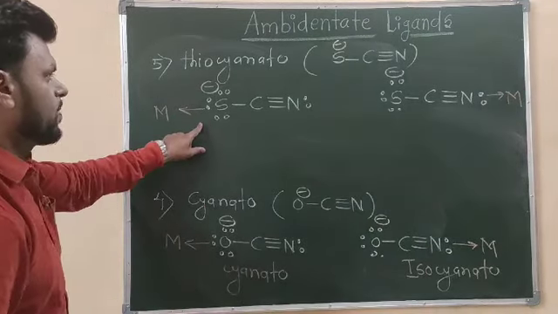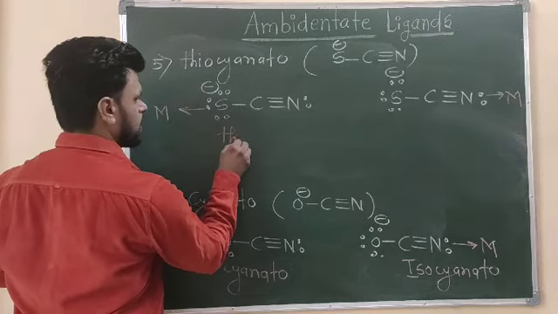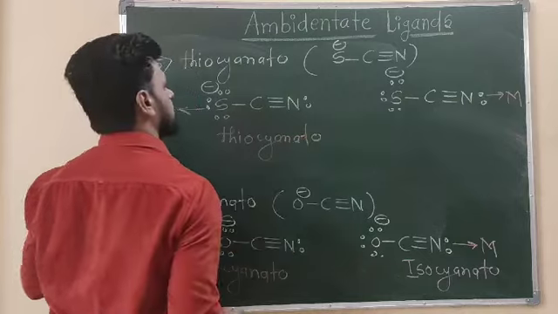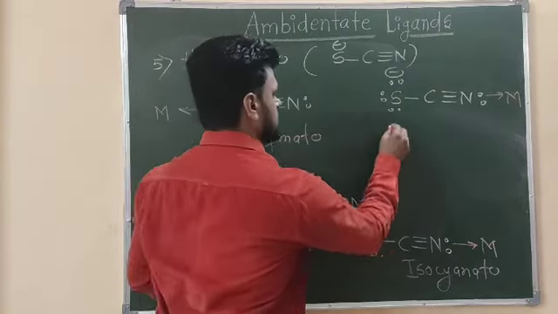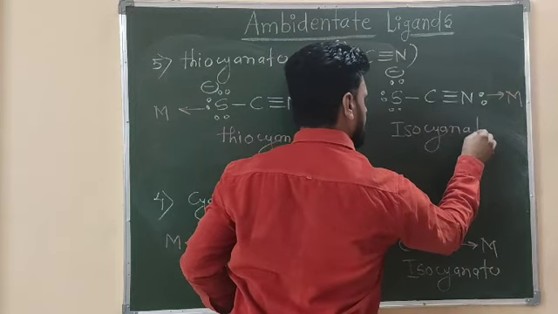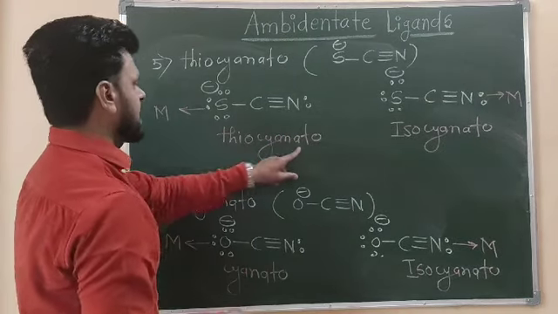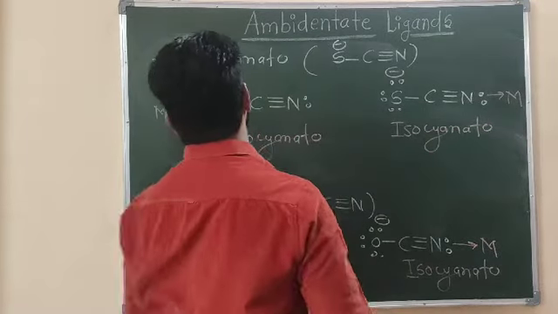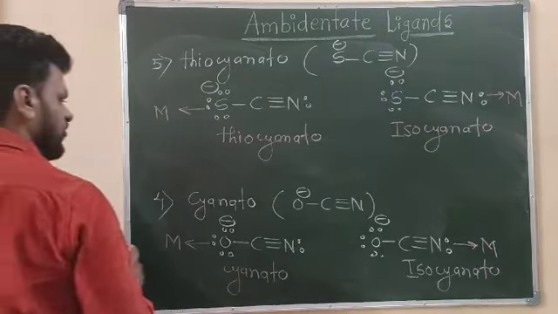So if sulfur forms the bond, this is called thiocyanato. And if nitrogen forms it, this is called isothiocyanato, or thiocyanato-S, thiocyanato-N. Okay, now let's move further.